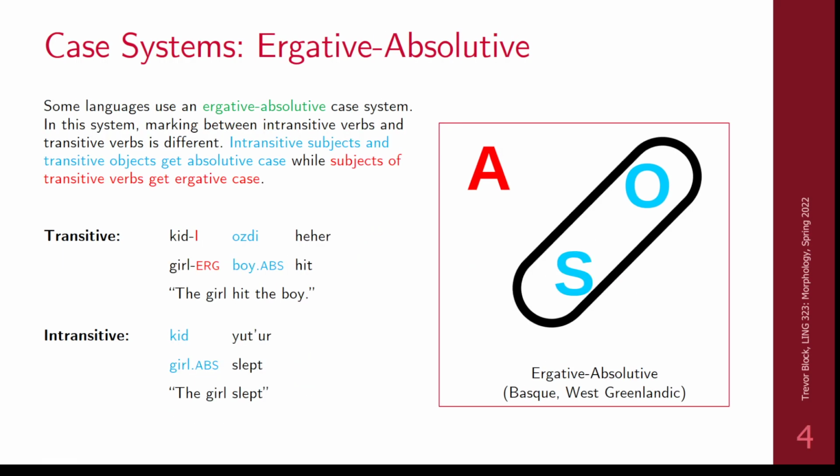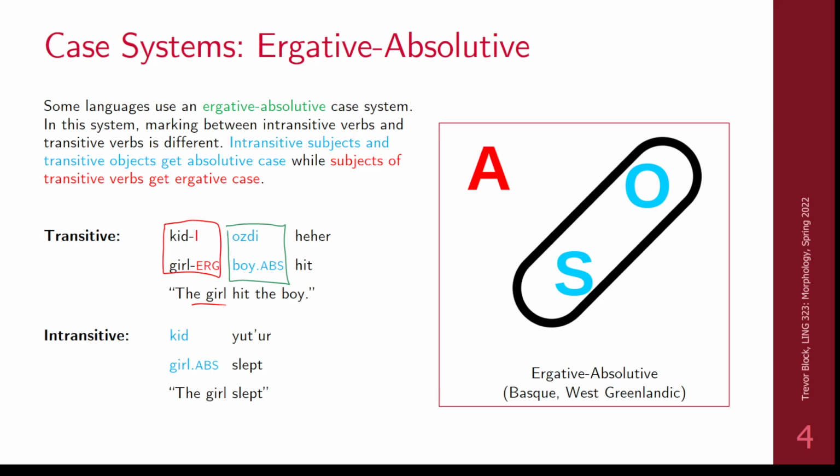Now for ergative absolutive, like from Basque or West Greenlandic, we see a different pattern. What's happening in the transitive sentence is girl, our subject, is getting ergative case. So ergative goes on the transitive subject. And the object is getting absolutive case. So we don't use nominative and accusative in this system, obviously. We would say ergative and absolutive.